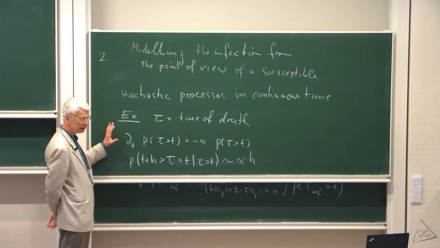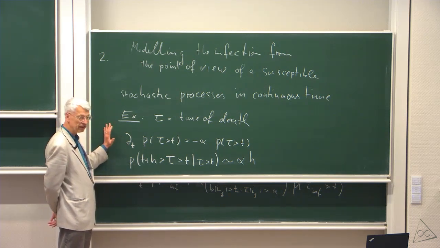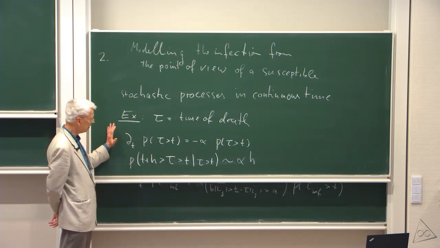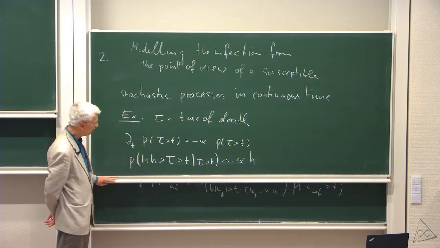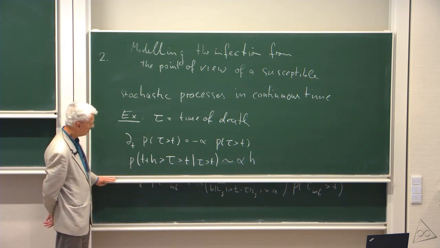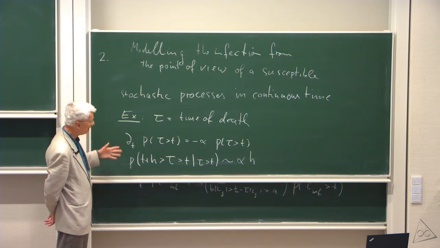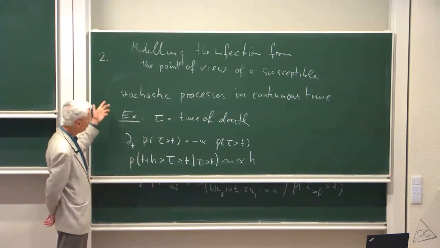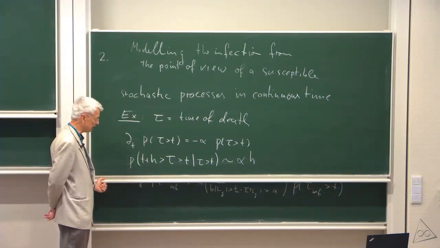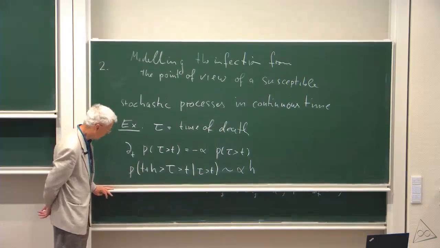The only thing that we can try to predict is the frequency of this event if you have many individuals. And that's actually the point of view that you are taking when you look at stochastic processes at all.